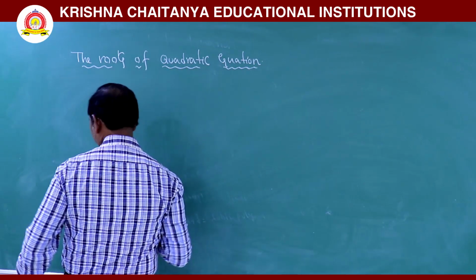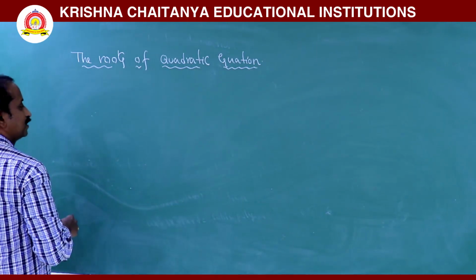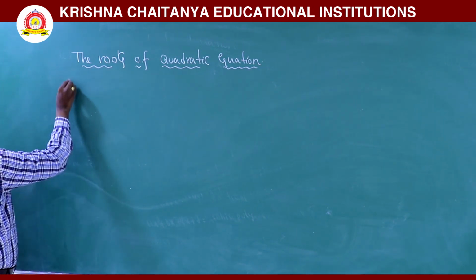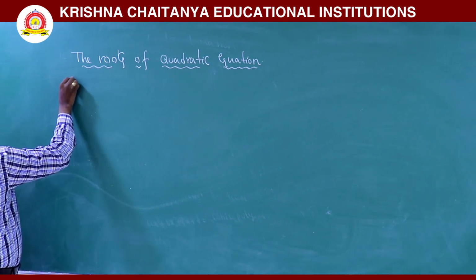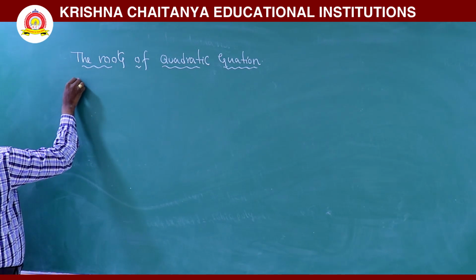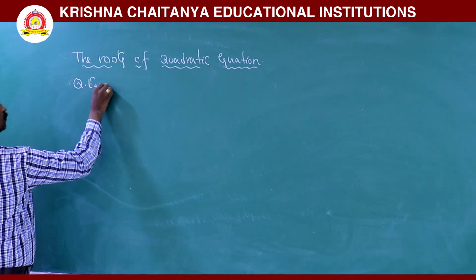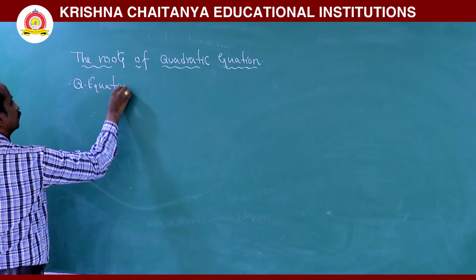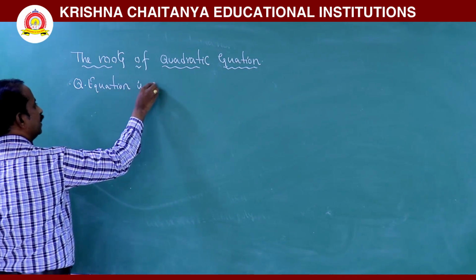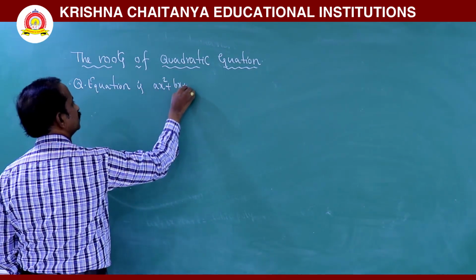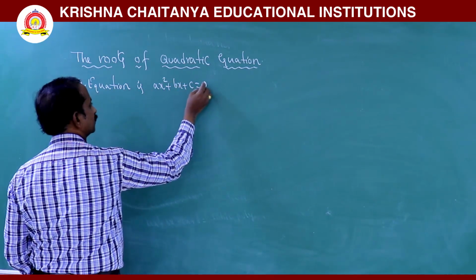We know that ax square plus bx plus c. What we want is the roots of the quadratic equation. The given quadratic equation is ax² + bx + c = 0.